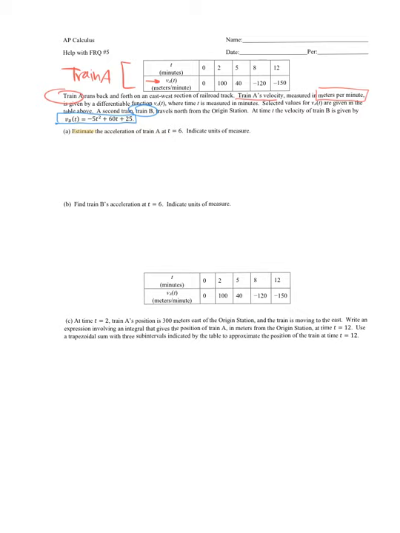So if I take a look at t equals 6, it's not given above, right? When I'm looking at that table up here, I know that t equals 6 is somewhere between 5 and 8. And so if I want to estimate that acceleration at 6, I'm going to be looking at the change in velocity over the change in time, right?